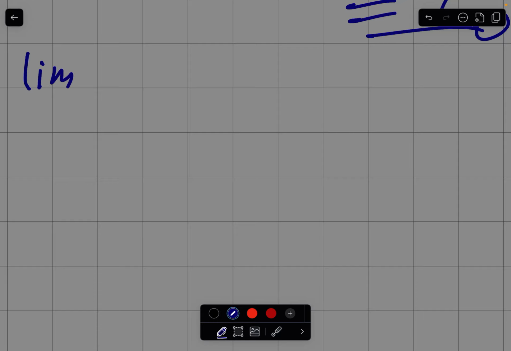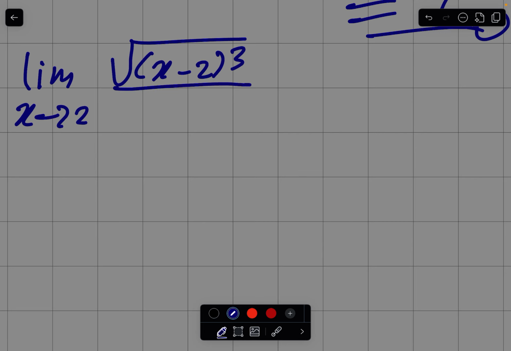You have the limit as x approaching 2 of square root of x minus 2 all cubed divided by x squared minus 4. First thing first, I see the difference between two squares in the denominator.